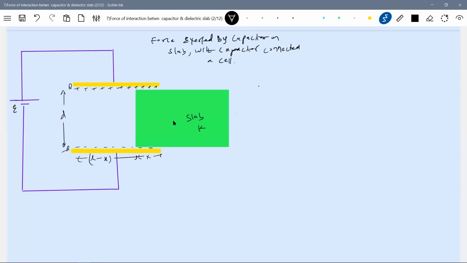Earlier it was isolated. Now it's not isolated. Now tell me what quantity of the capacitor will remain constant. The EMF, the potential difference across it will be constant. I think that's the primary condition. Okay, let's get into this one. Again, will anything happen to the slab?